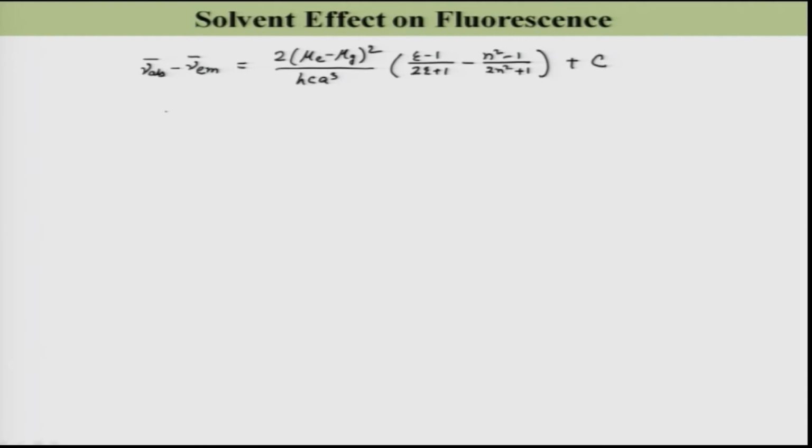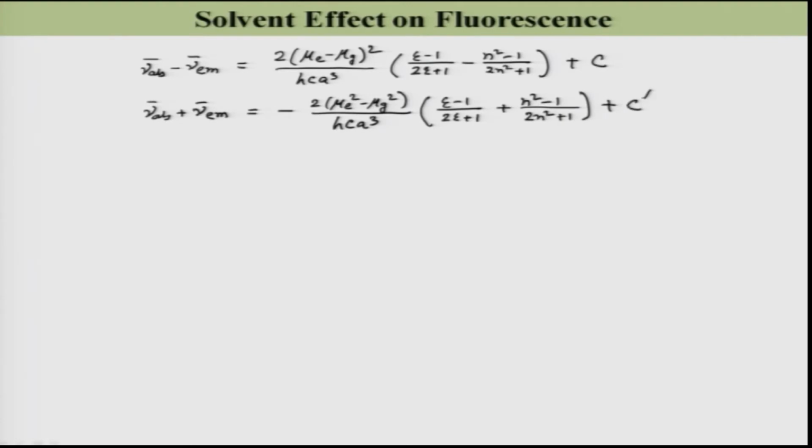And we have also seen that if we take nu bar absorption plus nu bar emission, then we are going to get minus twice mu E square minus mu G square divided by h c a cube, into epsilon minus 1 by twice epsilon plus 1 plus n square minus 1 by twice n square plus 1, and we will get some other constant, C prime.